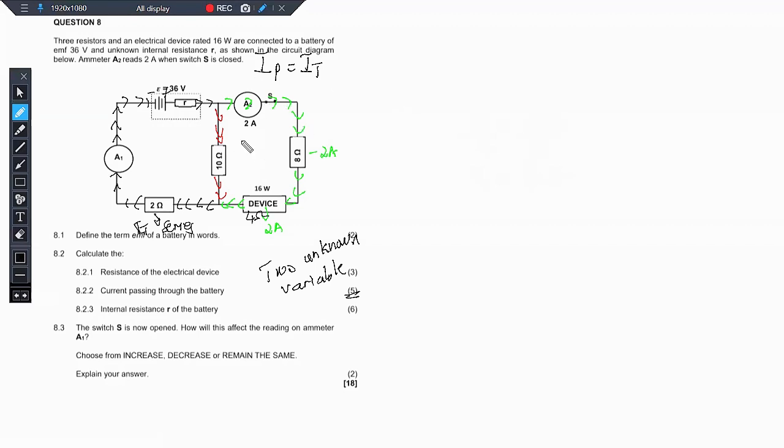So this here is the parallel branch. As we can see, there's a splitting of the current, meaning that with these questions, number one, we need to first combine the resistors that are in series within a parallel branch. We can see that this device and the 8 ohm resistor are in series, but they're within a parallel branch. So what do we do?